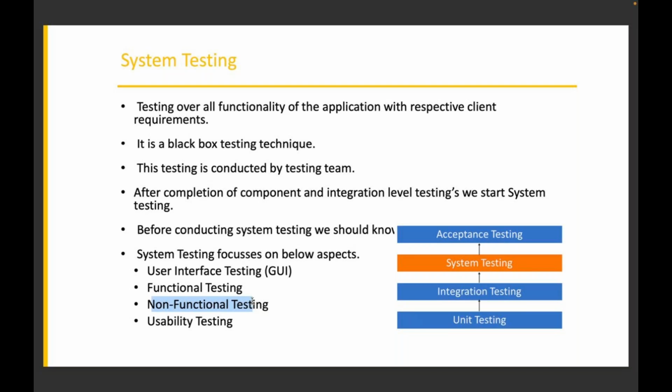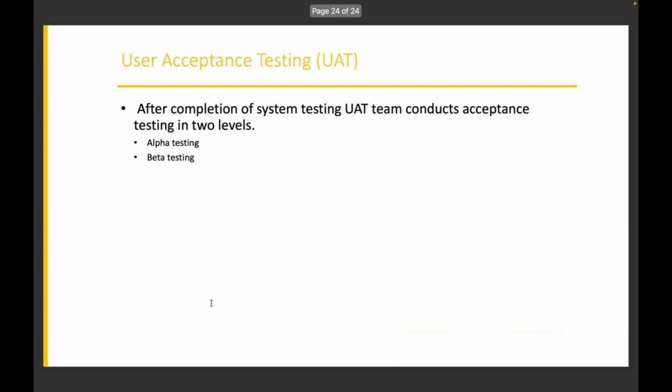As a QA, we deal with UI testing, functional testing, and usability testing on a day-to-day basis, while non-functional testing has a separate team purely dealing with the performance and security parts. After completing system testing, we move to acceptance testing.